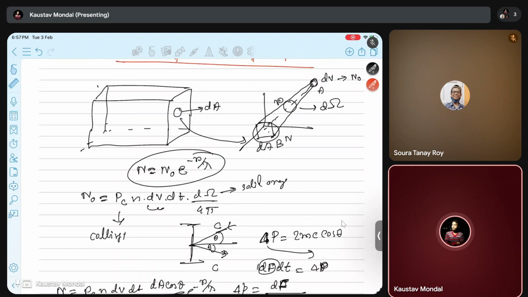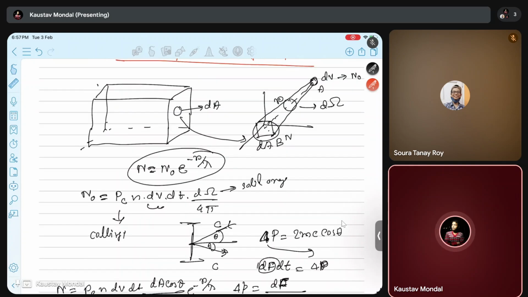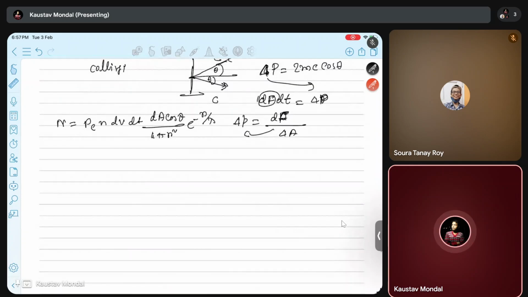Since all these n molecules will be colliding with this area dA, the df dt would be this whole big expression of 2n dA into 4 pi into cos square theta sine theta d theta d phi dr c dc.